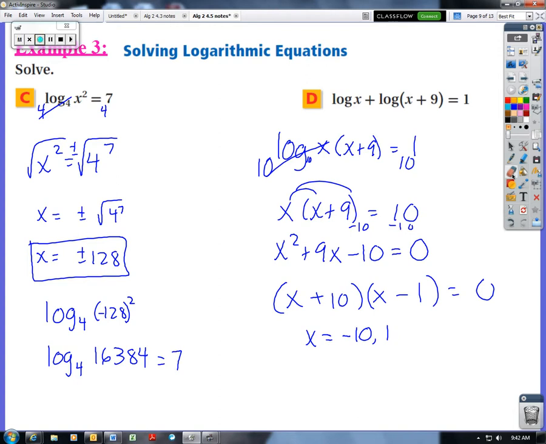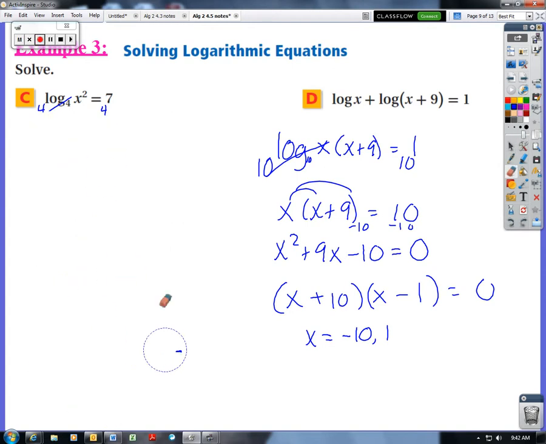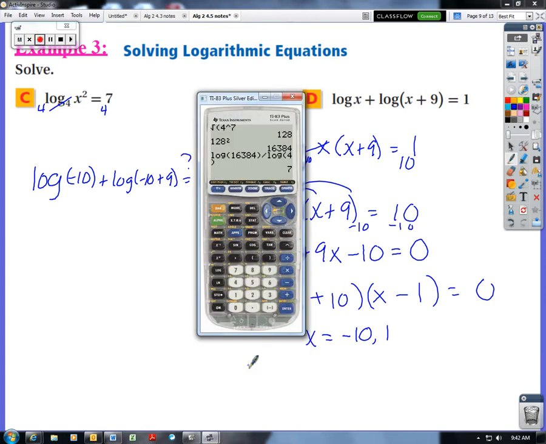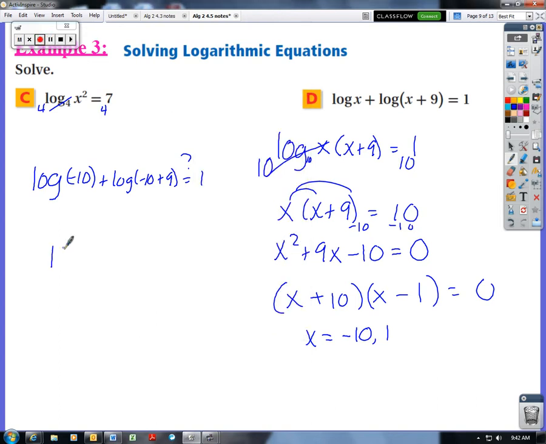We need to check it, so I'm going to erase what we've got over here. And this is the check. So I'm checking in the original. Log of negative 10 plus log of negative 10 plus 9 equals 1. Question. Okay, let's go to our calculator. Let's do log of negative 10. Can you think of what that would be? 10 to what power would equal negative 10?